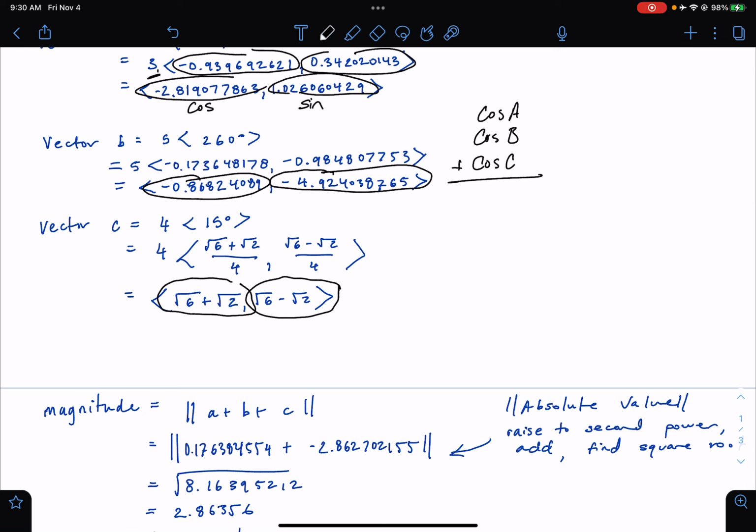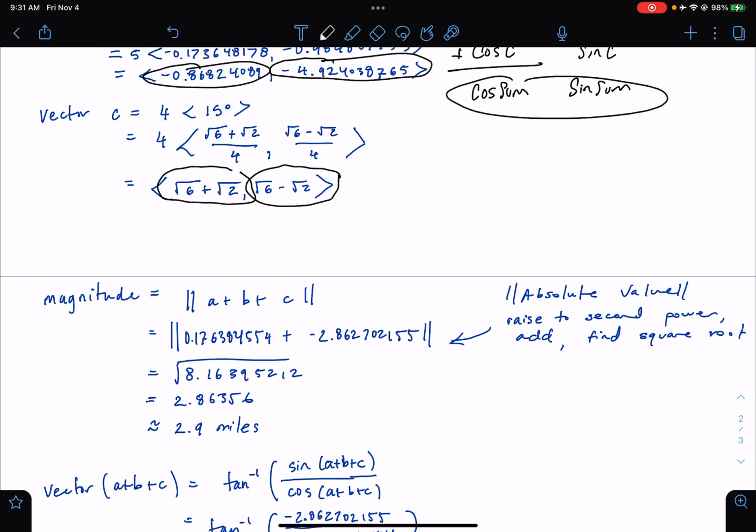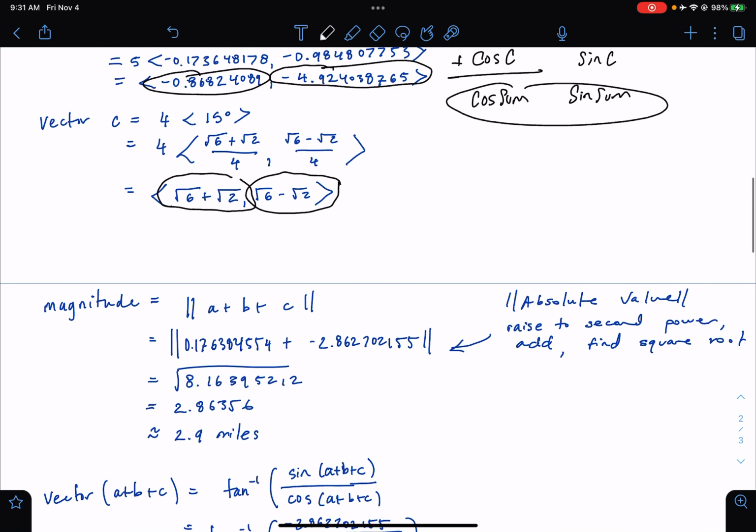We'll call it cosine sum. And then I did the same for sine. Call that sine sum. So that's my sine. Here's my cosine.